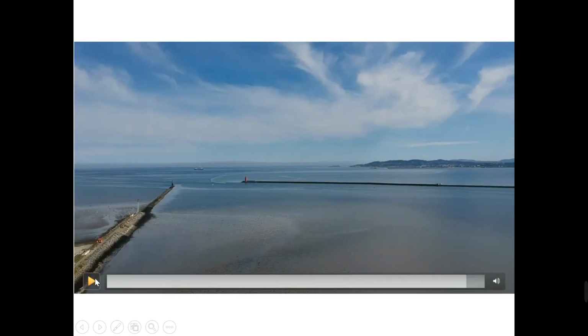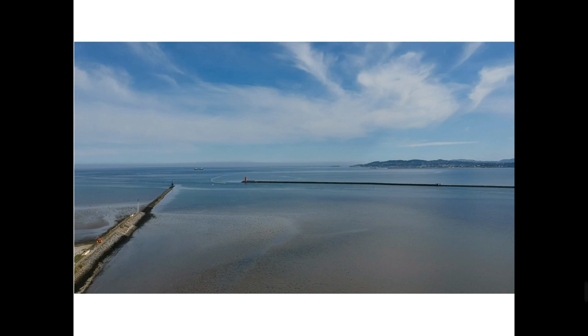Pause. Right, what I want you to notice here is, all of this in here is Dublin Bay. This is the North Bull Wall. This is the South Bull Wall. Any boats coming in and out into Dublin Harbour have to go through the gap created by the North Bull Wall and the South Bull Wall.